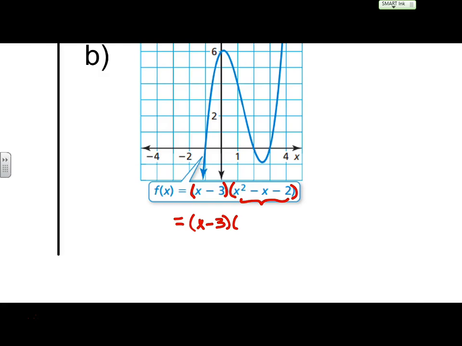How would we factor this second polynomial, just the x squared minus x minus 2? Do you guys remember? It's just going to be an easy table because there's no coefficient in front. We're looking at factors of -2. Good. Now what are factors of -2?